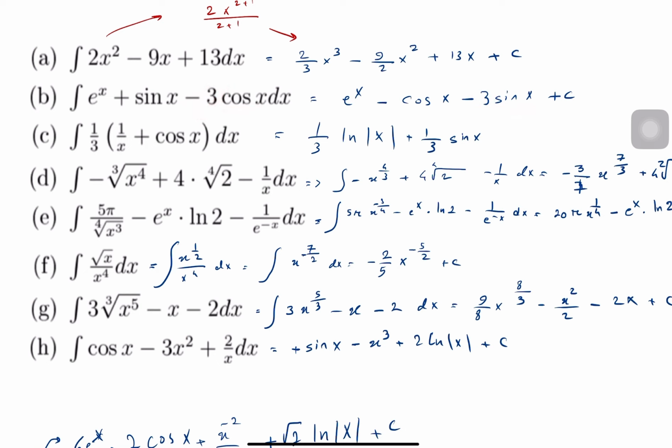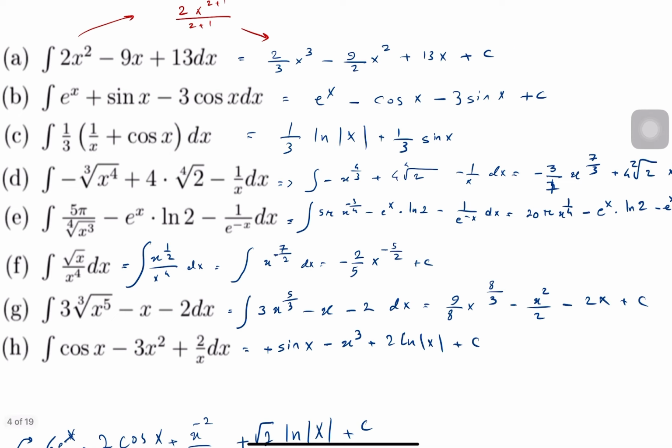Again, we have another example. First, a number can go out, or we can say this number is a factor, and you see the integral of 1 over x is ln x, and we have this number. Cosinus will be sinus, and we have this number again.